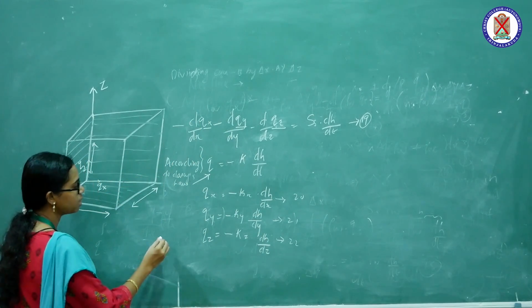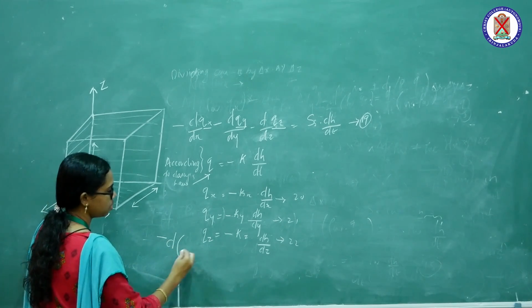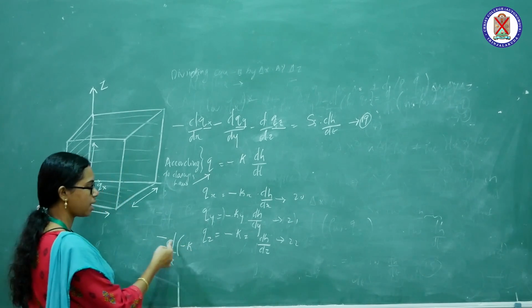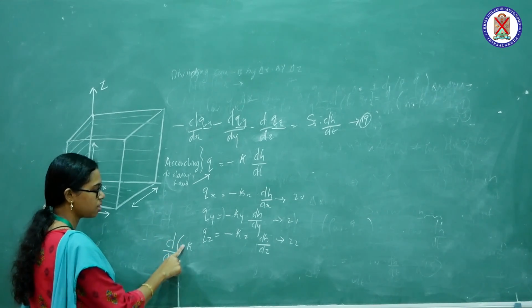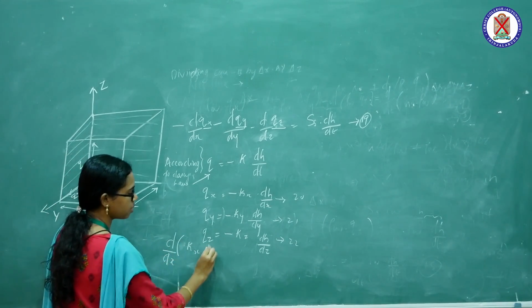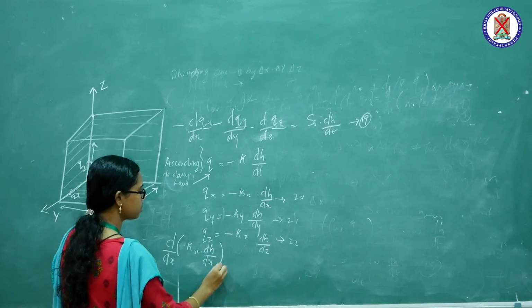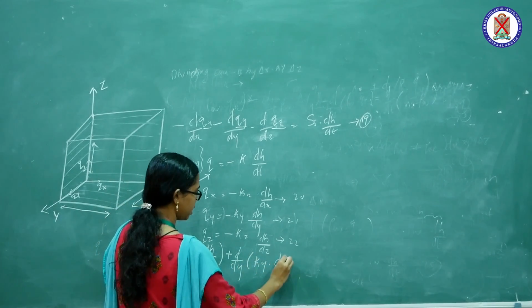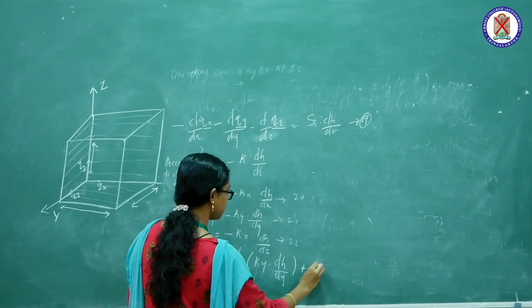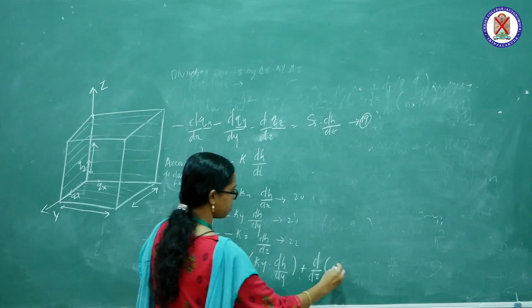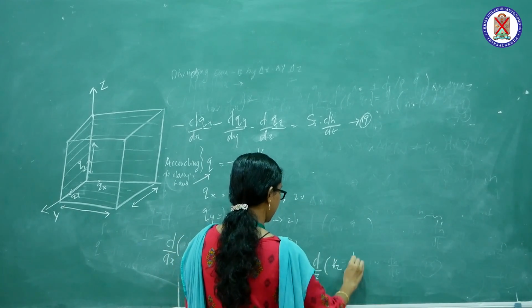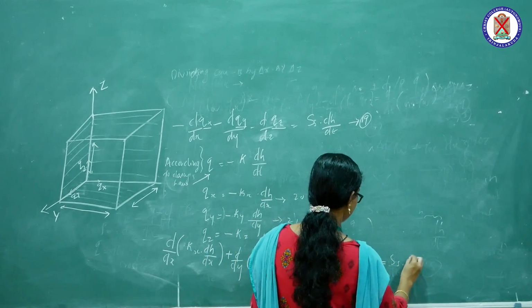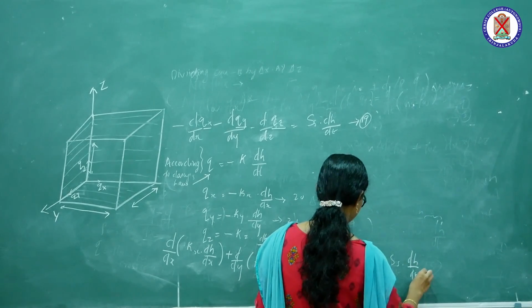Then we will get the equation like minus of d by dx of minus kx into dh by dx, and this minus will give the plus sign, so we can write d by dx of kx into dh by dx plus d by dy of ky into dh by dy plus d by dz of kz into dh by dz, which is equal to ss into dh by dt.